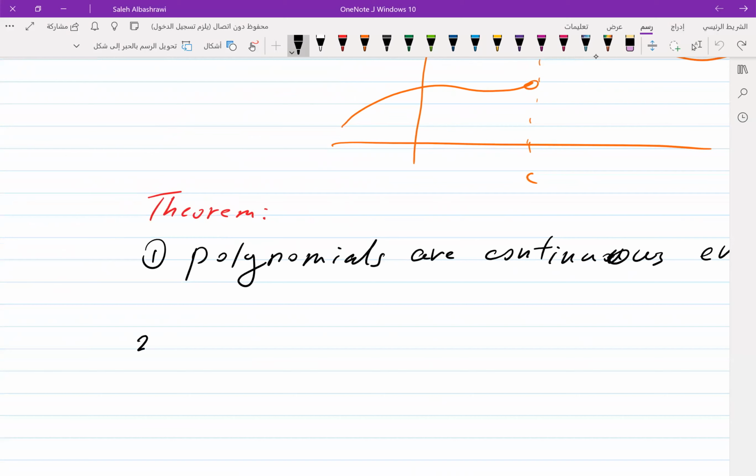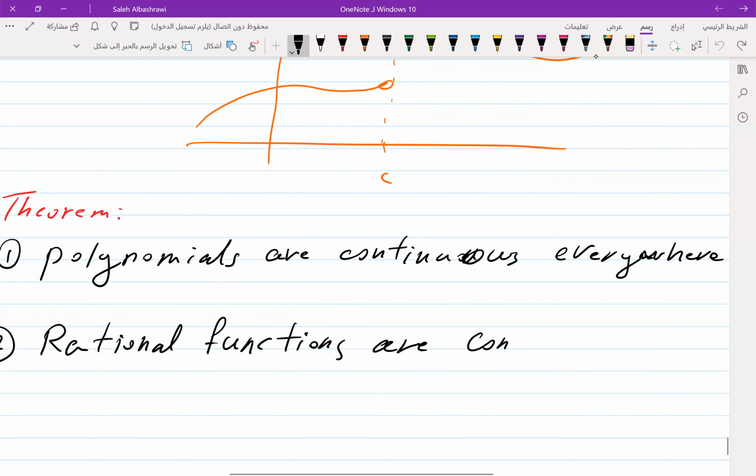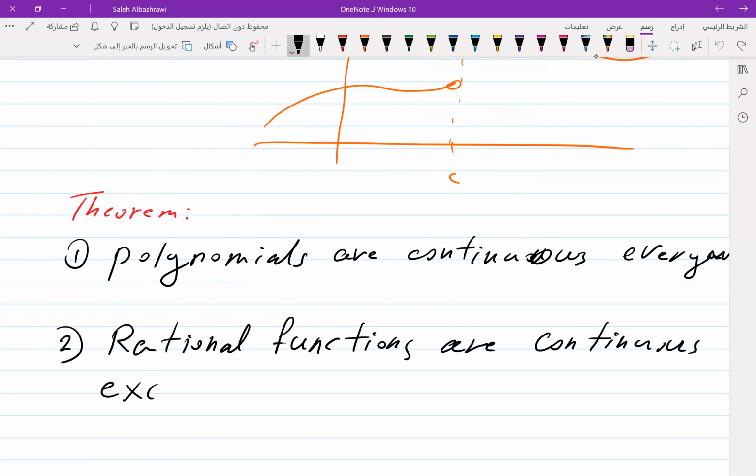number two, are continuous except at the zeros of the denominator.